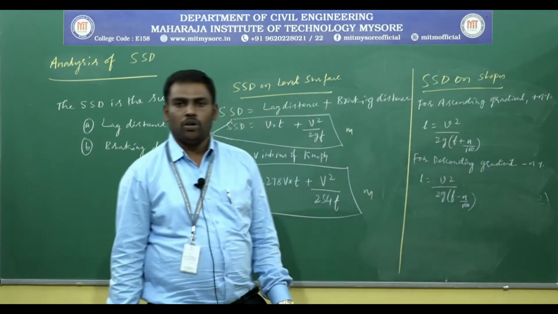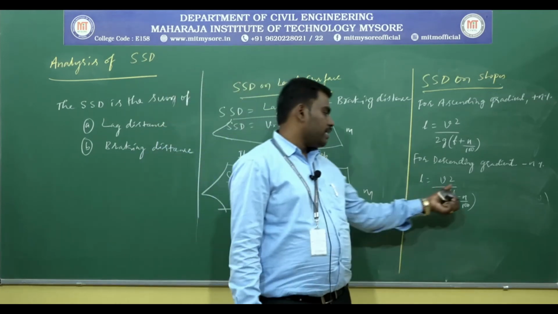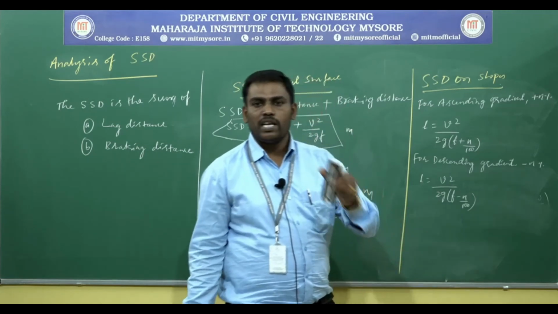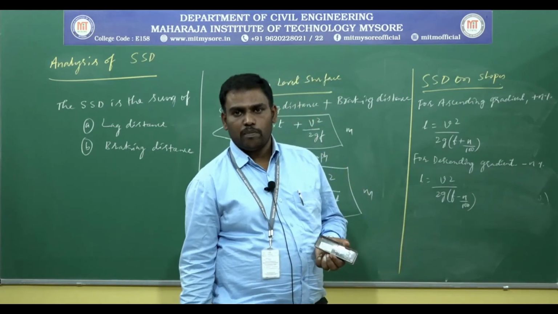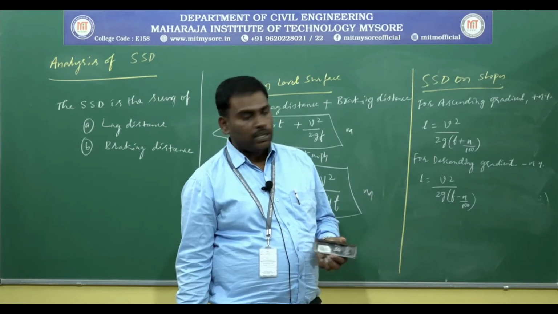Minus n percentage, so percentage in terms of fraction is 1 divided by 100, that is minus n divided by 100, or we can say minus 0.01 n. Is it clear?